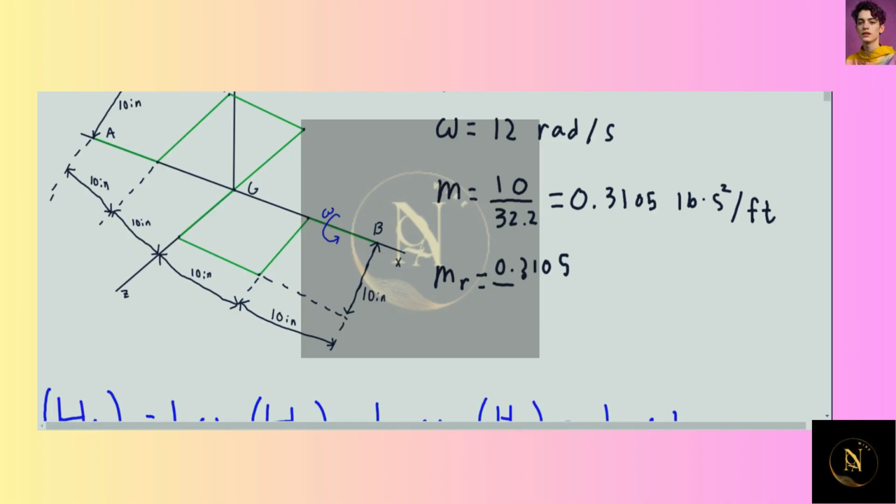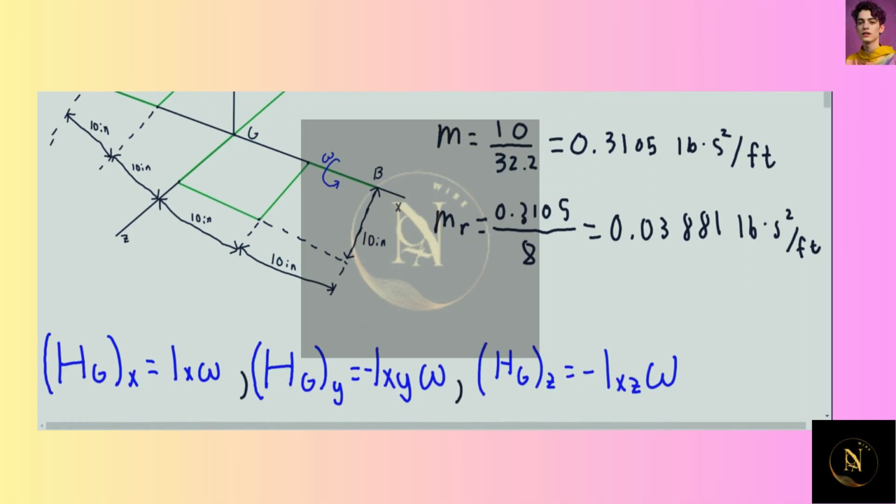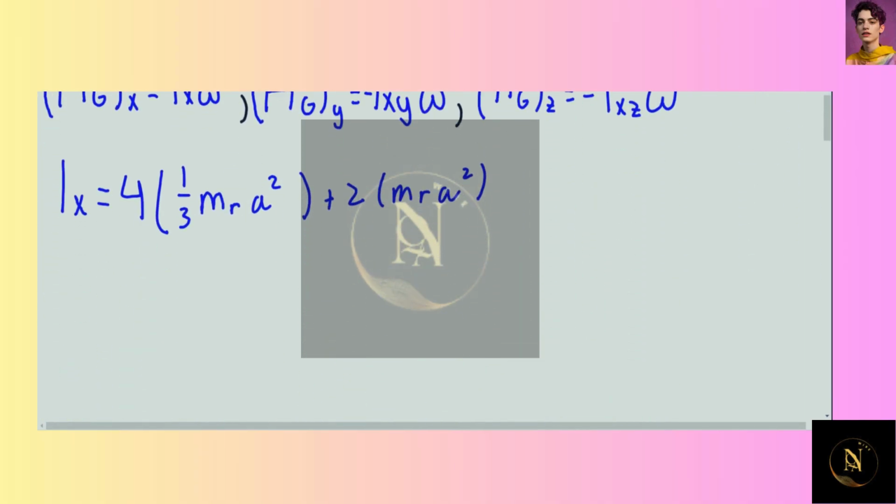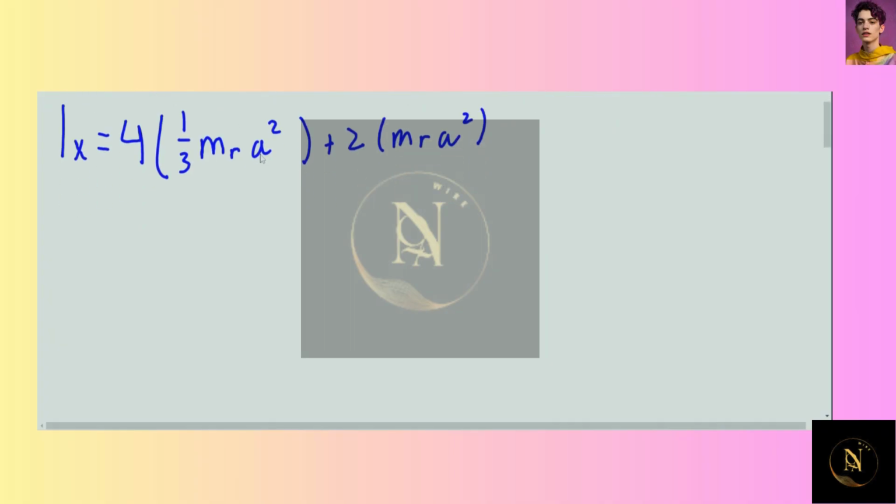So the total mass divided by 8 will give us 0.03881. And this length A is the length of 10 inches, which we're going to convert to feet.